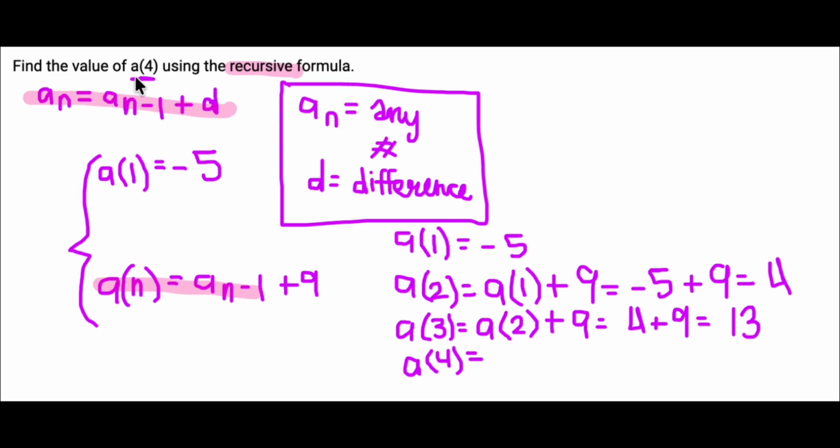Now we need to have a3 plus 9, and we know our a3 is 13, so 13 plus 9 equals 22. So that is going to be our final answer for a4.